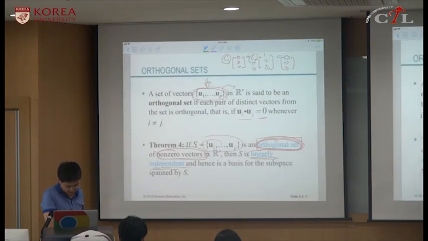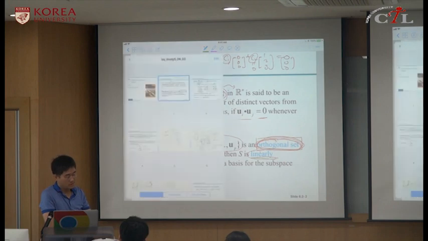Being orthogonal guarantees that your vectors are linearly independent. So it's a much stricter condition.